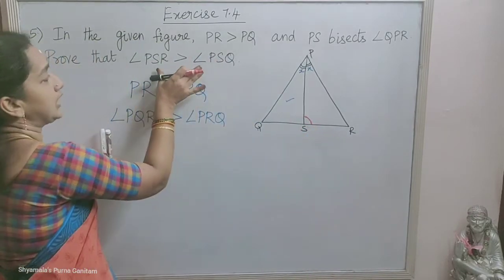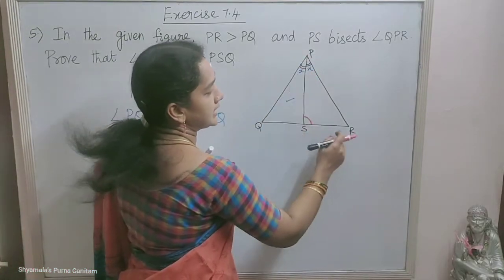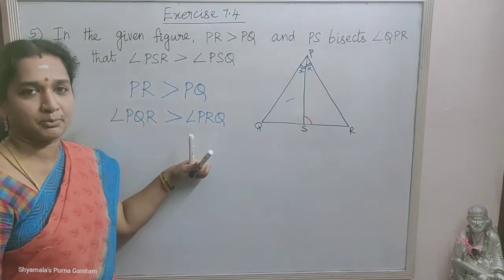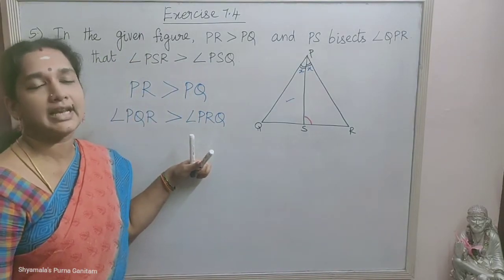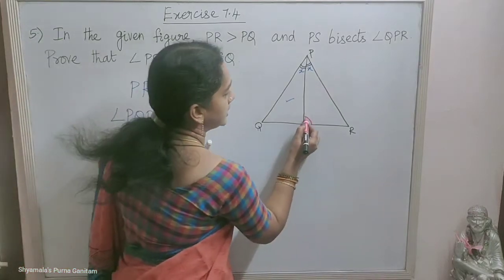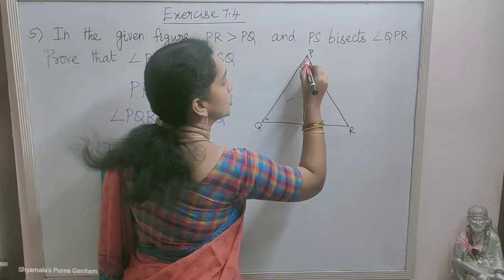We are asked to derive this, so for deriving that we are taking it like that. PSR is the exterior angle. We know the exterior angle property: the exterior angle is equal to the sum of the opposite interior angles. So, this exterior angle is equal to the sum of these two angles.